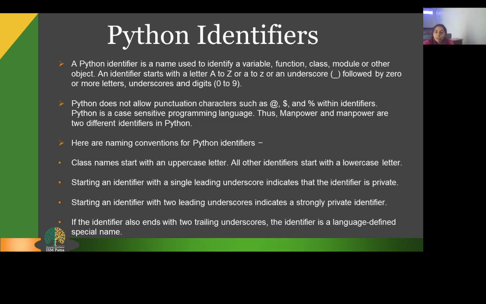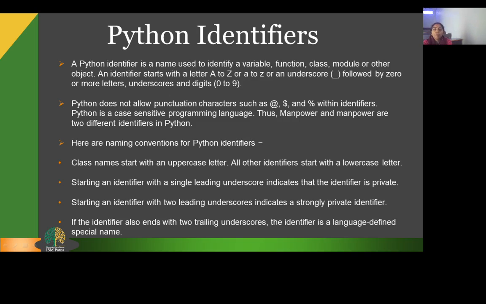It can also be followed by an underscore, or we can use digits from 0 to 9. Python does not allow punctuation characters such as @, $, and percentage within identifiers. It is a case-sensitive programming language, thus Manpower written in this way and manpower written all in small letters are two different identifiers in Python.